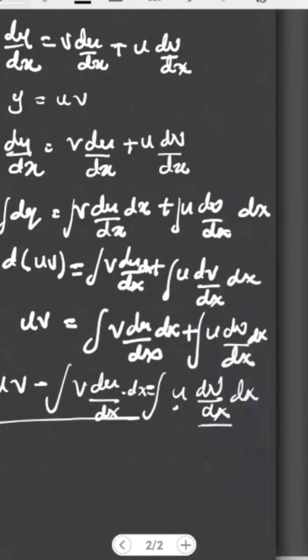Now, given an example, if I've been told to integrate x cos of x dx, of course I'm going to label them and say let u equal x. So I differentiate this and say du/dx would be equal to 1.